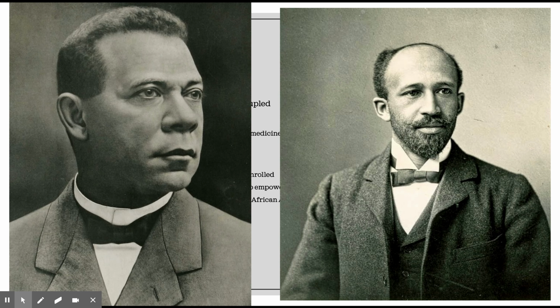And while they had their differences over what African Americans should be focusing on, he focused on a liberal arts education so that they could be stronger citizens and more able to participate in civil society. So he was a little bit different than Booker T. Washington in what he emphasized. But nevertheless, both of them supported the African American community and would have certainly agreed that African Americans should have access to an education.